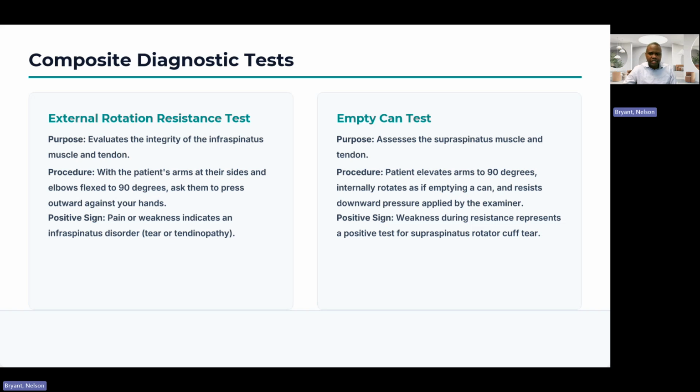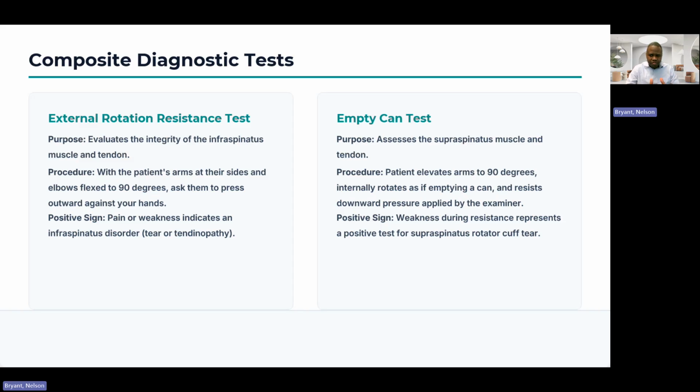Another one is the empty can test, which also helps to assess for shoulder injuries. So you are testing the supraspinatus muscle and tendon for tears, also assessing for impingement. So what do you do?